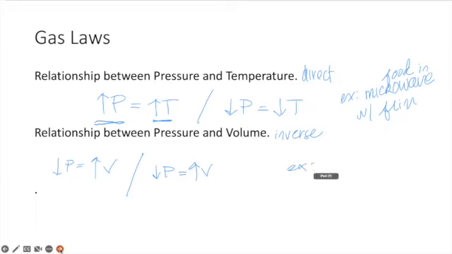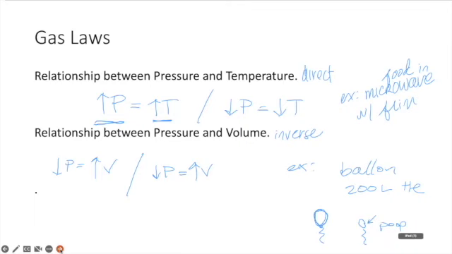And so an example I can think of is a balloon. So maybe we put 200 liters, I'm just making this up, of helium in there, right? And so if we were to put it into an appropriate size balloon, right? And then if we were trying to compress it further, the pressure would increase and it might end up popping.